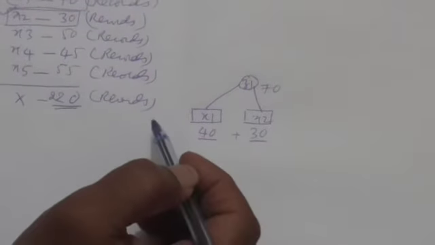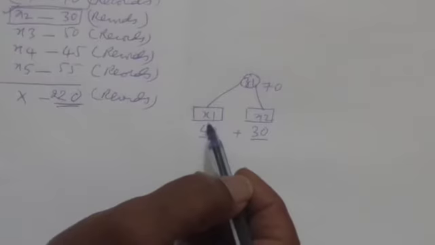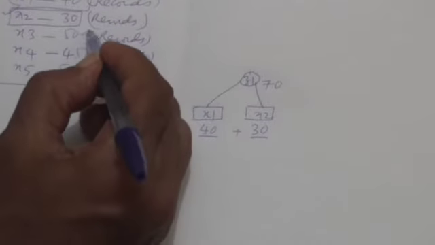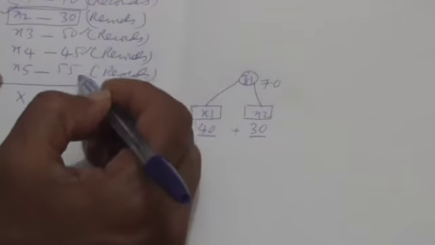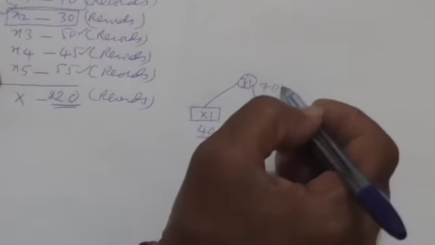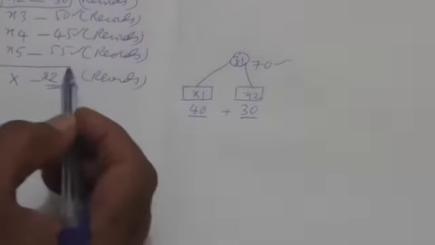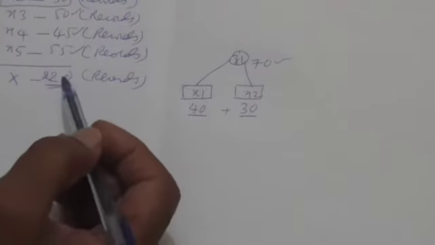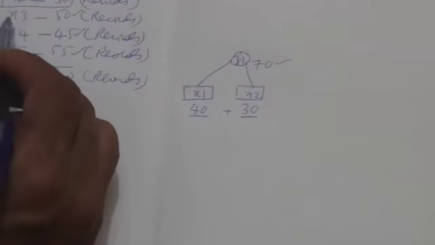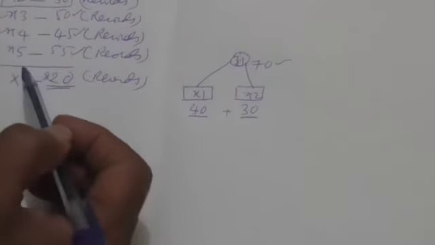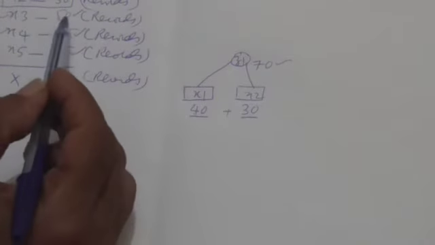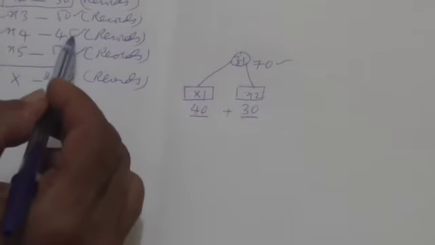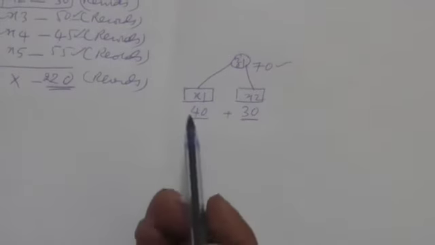So now the files I have are containing 50, 45, 55 and this 70. Out of these four, I need to consider only x3 and x4, because this 45 is the lowest and this 50 is the second lowest.